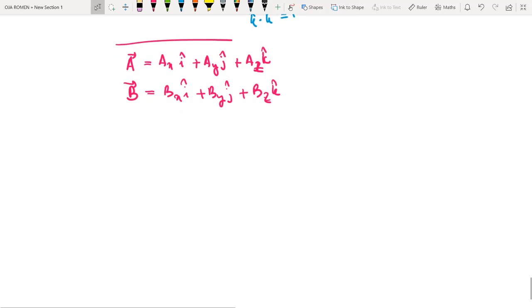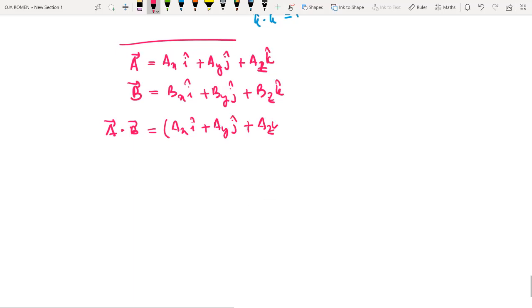Then A dot B equals (AXI plus AYJ plus AZK) dot (BXI plus BYJ plus BZK).